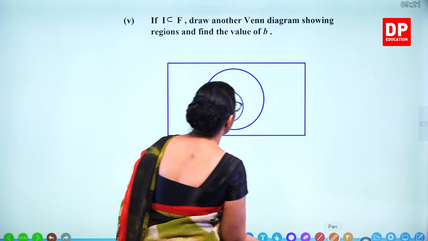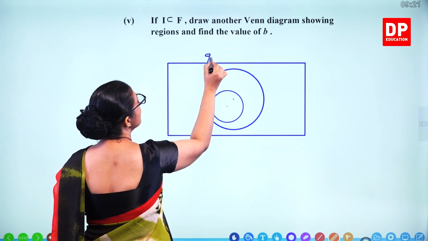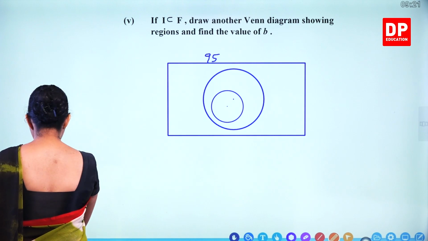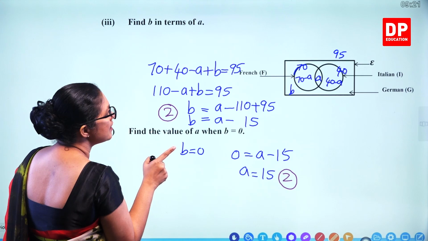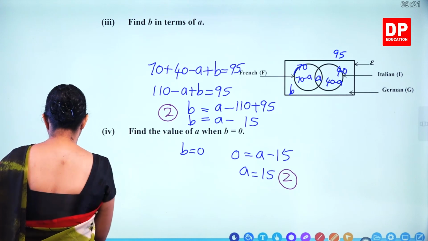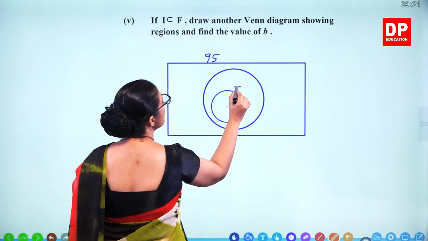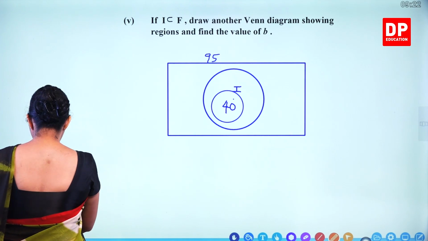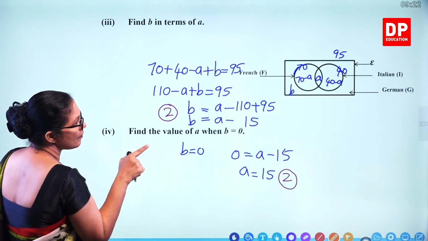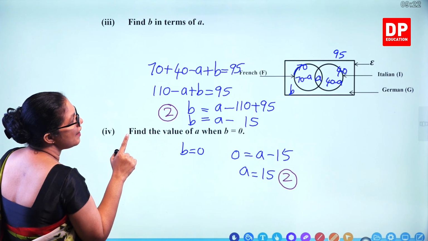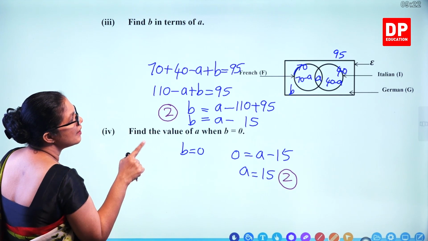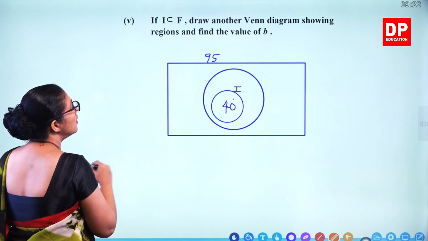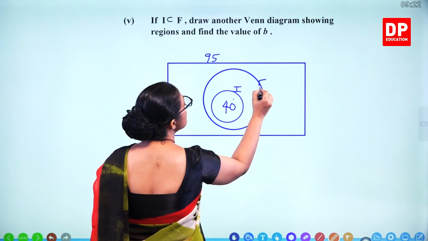What are the values now? 95 outside. And I means Italian. How many students? Italian 40. So Italian, this is 40 inside. Then the other one, Italian, and then 70 is French. So French is this.